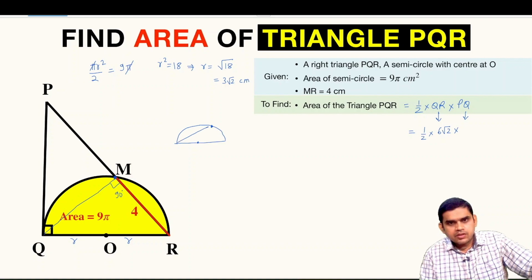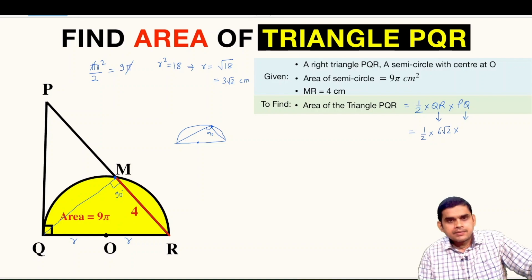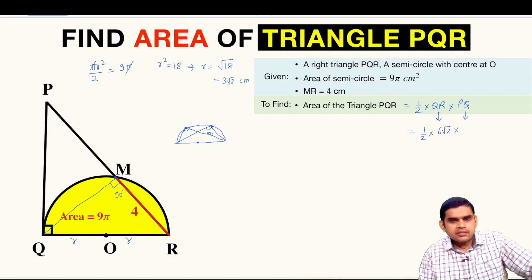So if we join these two and these 2 points, this is always 90 degree. Let us take another example. If we have another point here, if we join these two and these two, this is also 90 degree. So likewise, QR is the diameter and M is any point on the circumference of the semicircle. So if we join QM, MR, the angle between them is 90 degrees.